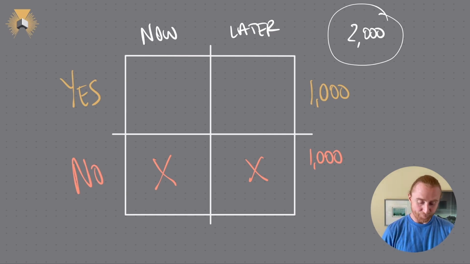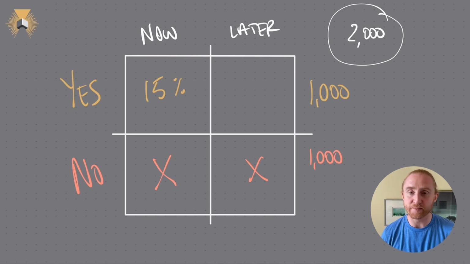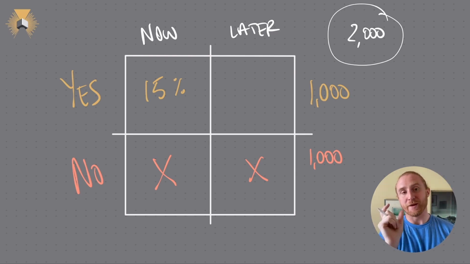What you'll find, if you look at the numbers, is that about 15% of the 1,000 buyers, the people who do make a purchase, buy in what we call the now timeframe. The now timeframe is anywhere from 30 to 90 days, which means that the vast minority of people are taking action in the first 30 to 90 days.